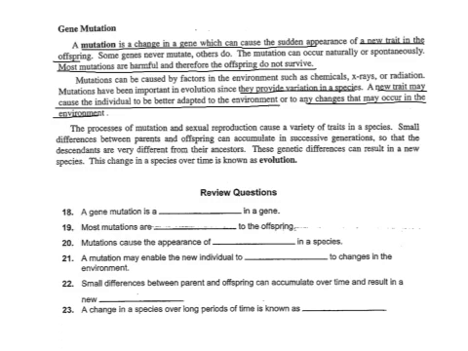Small differences between parents and offspring can accumulate in successive generations so that the descendants are very different from their ancestors. These genetic differences can result in a new species. This change in a species over time is known as evolution.